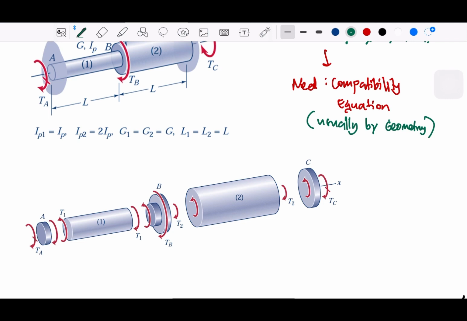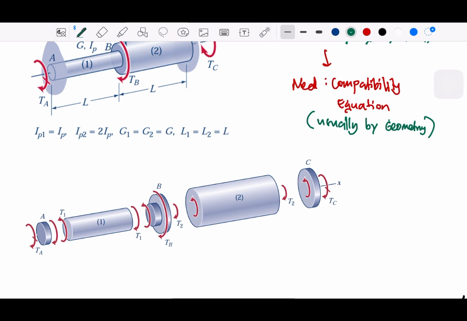At A, it will be canceled by this T1, to make it static, right? And then this T1 will have the same T1 here, which is also canceled by this part, to make sure that all the terms here are in static mode.